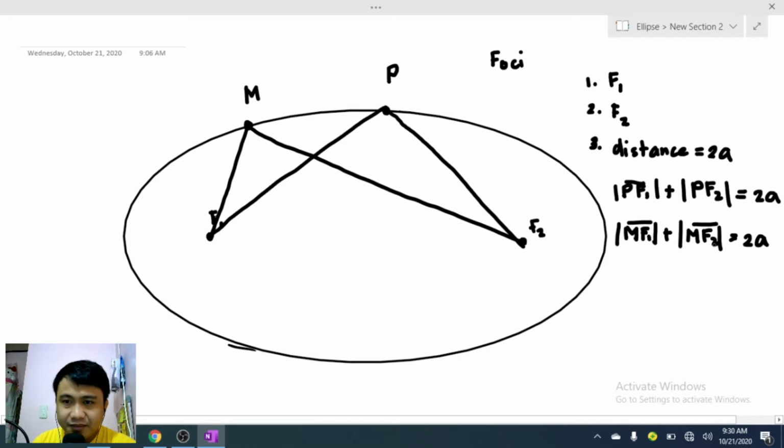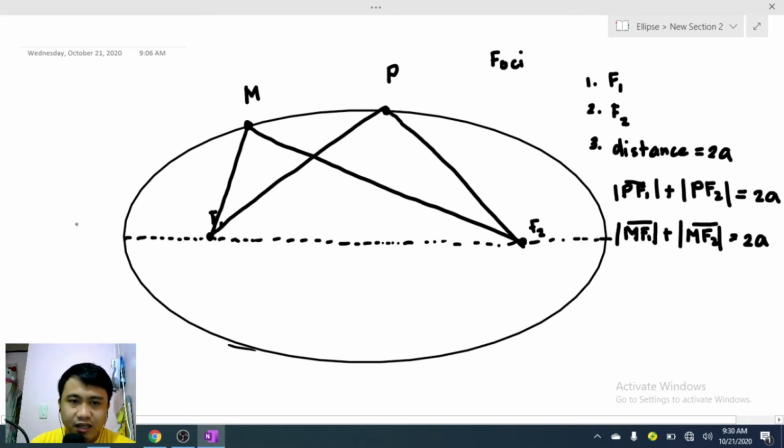At dun sa graph, nasaan yung 2A dyan, sir? Ang pinaka maganda po, ang 2A ay, or ang length ng mga sum ng dalawang line segments kanina ay parehas lang dito sa length ng ating, anong tawag natin dito?